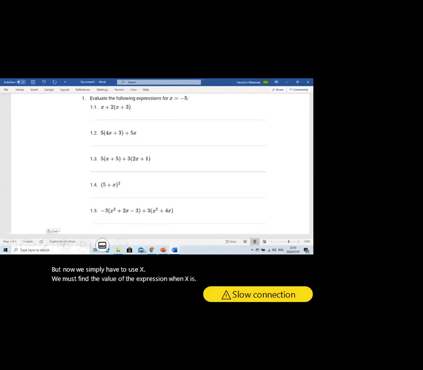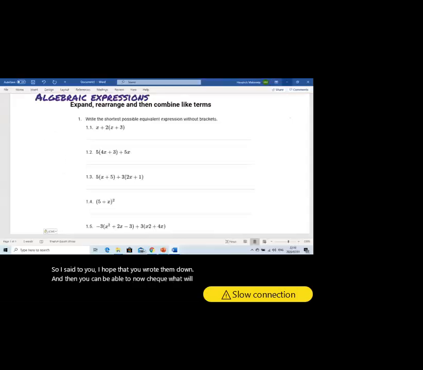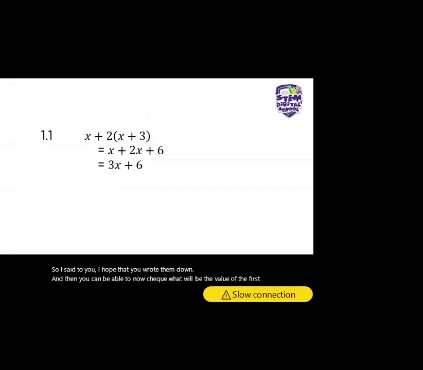negative 5. So like I said to you, I hope that you wrote them down, and then you can now check what will be the value of the first one. For instance, the first one here was 3x plus 6. So what will be the value of this expression when x is negative 5? Where there is x, you put a bracket and then negative 5, and then you close the bracket.